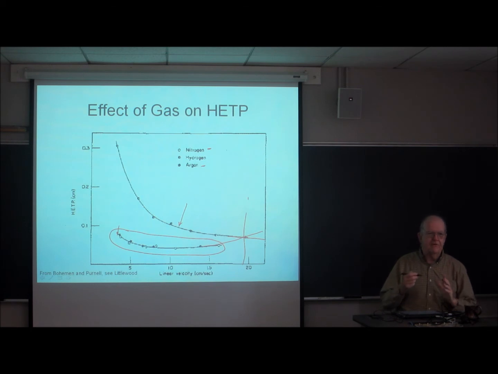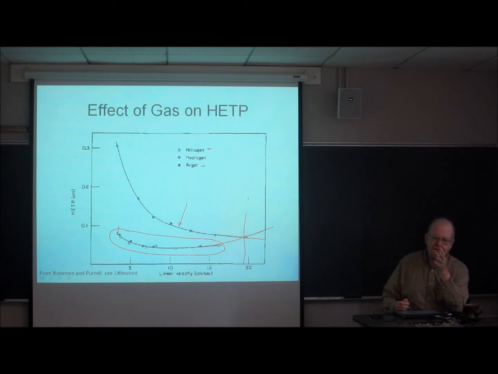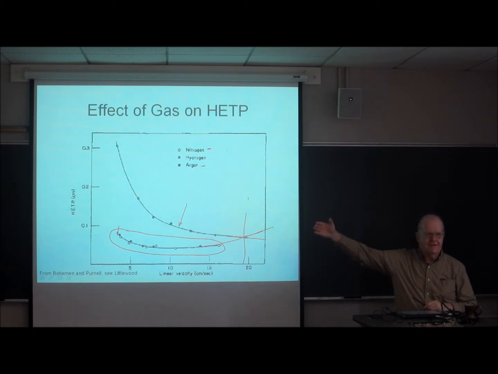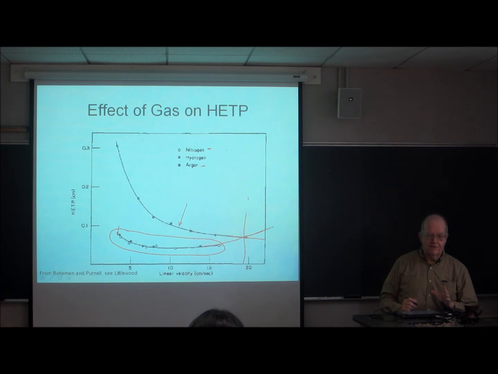So if you use a heavier carrier gas and you lower the diffusion coefficient of the analyte, you're going to screw up the C term, you're going to make it bigger, and the HETP is going to be bigger. So since most of the time we work above the minimum in the Van Deemter curve, because we want to do the chromatography fast, it is beneficial to use a light carrier gas, like hydrogen or helium.